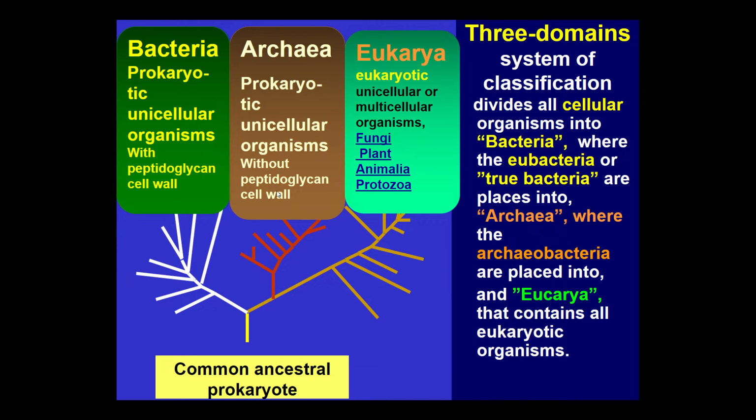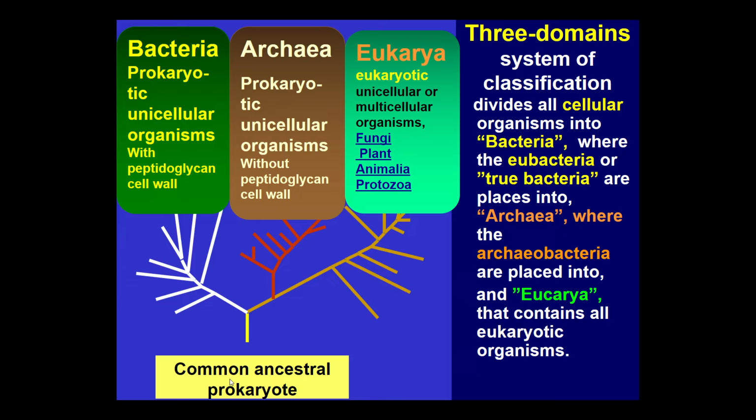Generally, these are also bacteria. And the rest of living things, fungi, plants, animalia, and protozoa, are placed into the eukarya domain, where we have eukaryotic, uni- or multicellular organisms that are different from bacteria.